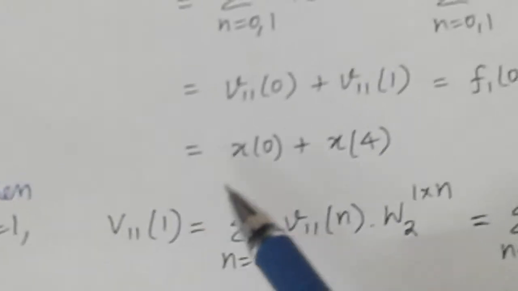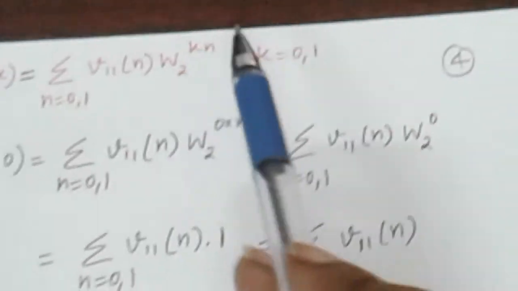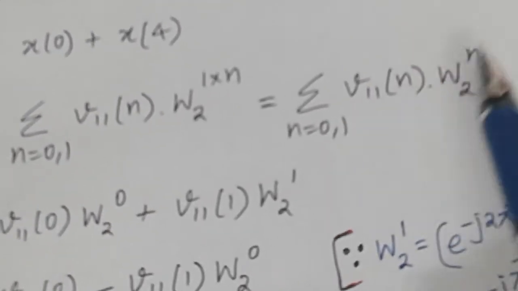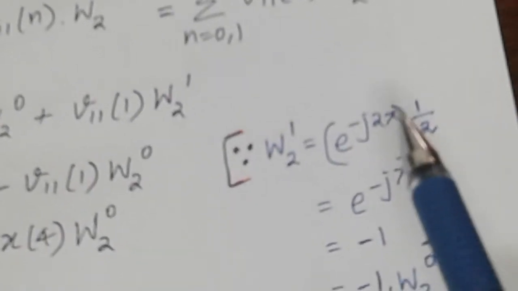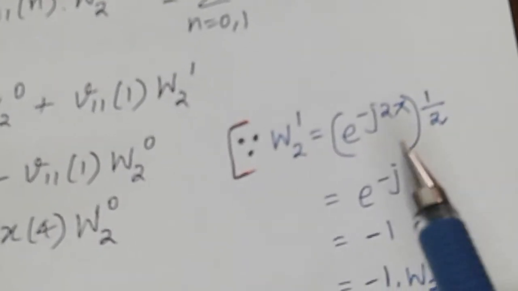Okay. Next is k is equal to 1, v11 of 1. This is the main equation. Put k is equal to 1, so k times n is 1 into n. Now put n equal to 0 and then 1. W2 power 0 is 1. W2 power 1, when you evaluate, e power minus j2 pi kn by N, with kn equal to 1 and capital N equal to 2, the 2 cancels.